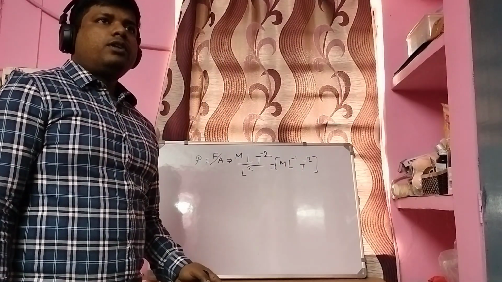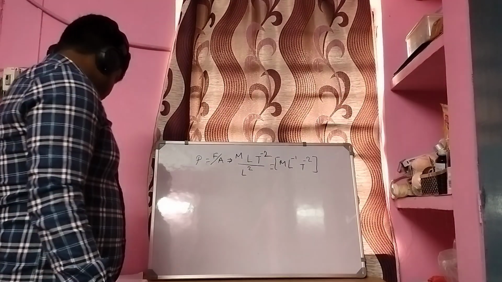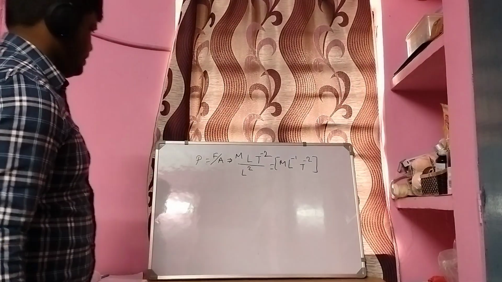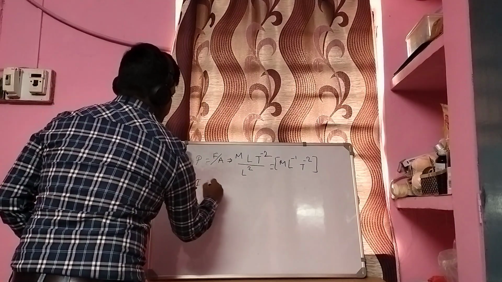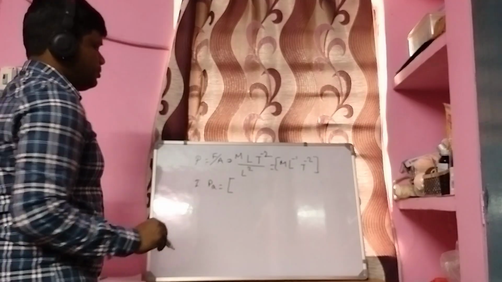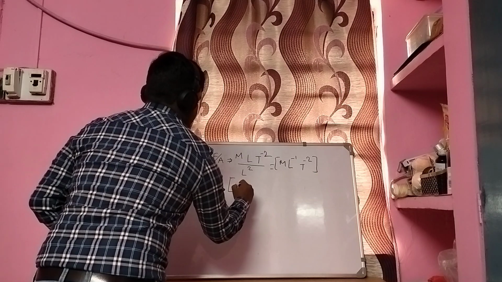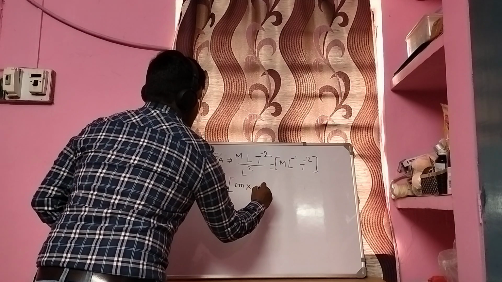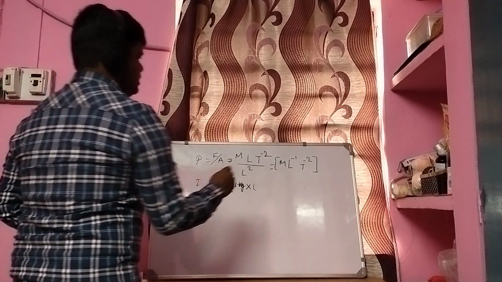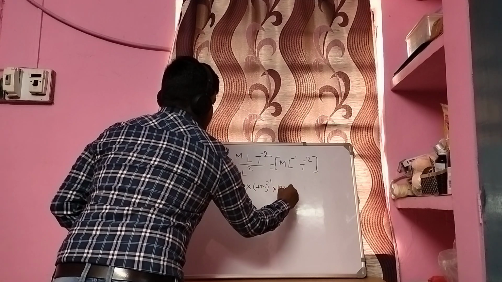Suppose we want to convert from the SI system to the CGS system. In the CGS system, what is the unit of pressure? So how are we going to convert? There is a way. Suppose there is 1 Pascal, according to the dimensional formula. Pascal is SI, so 1 kg, 1 meter to the power minus 1, second to the power minus 2.